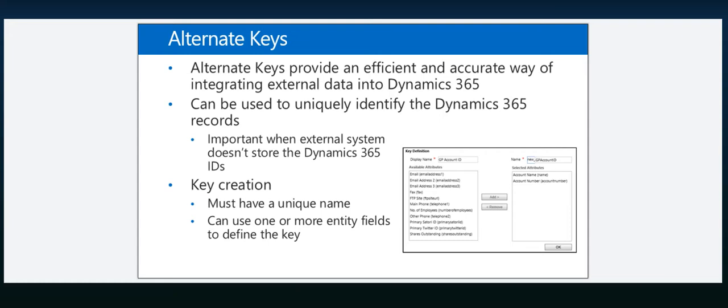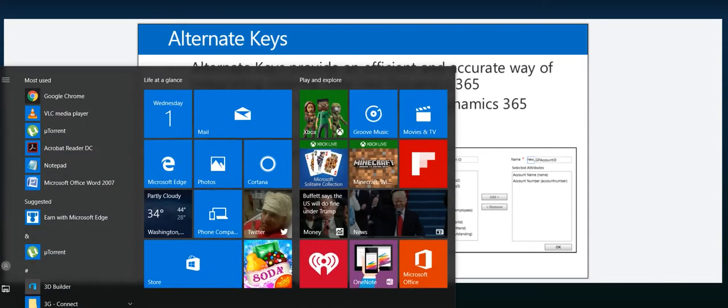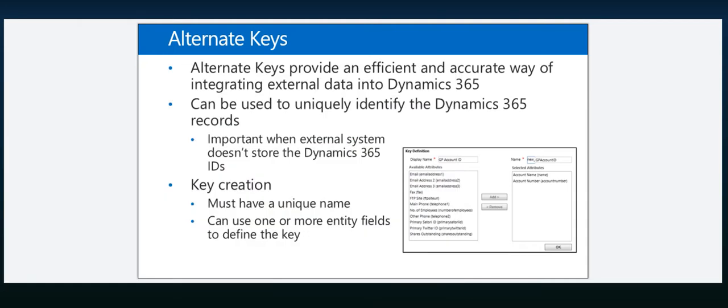You can also, instead of having one field as an alternate key, specify multiple fields as the alternate key. So it doesn't have to be one key, it could also be a combination of keys. In the example here, the selected attributes are account name and account number, and the combination of those two is the alternate key. So the combination of name and account number always has to be unique.